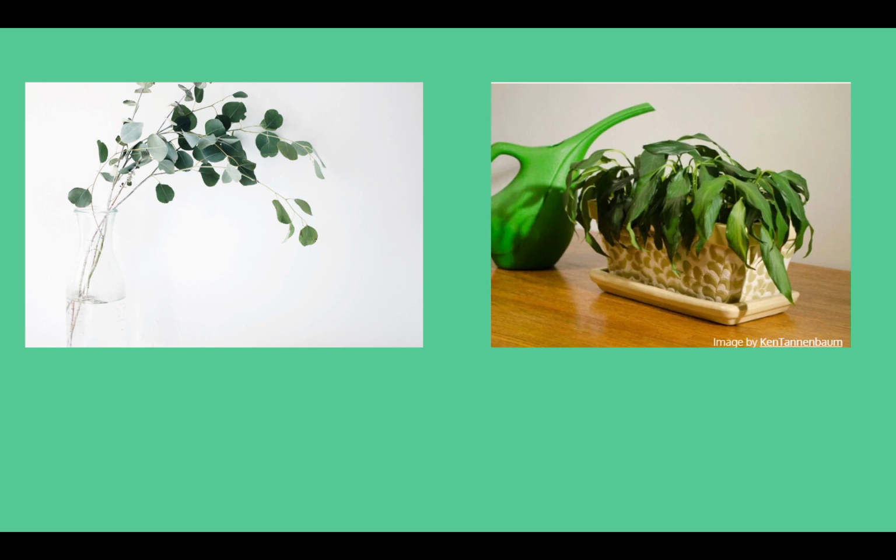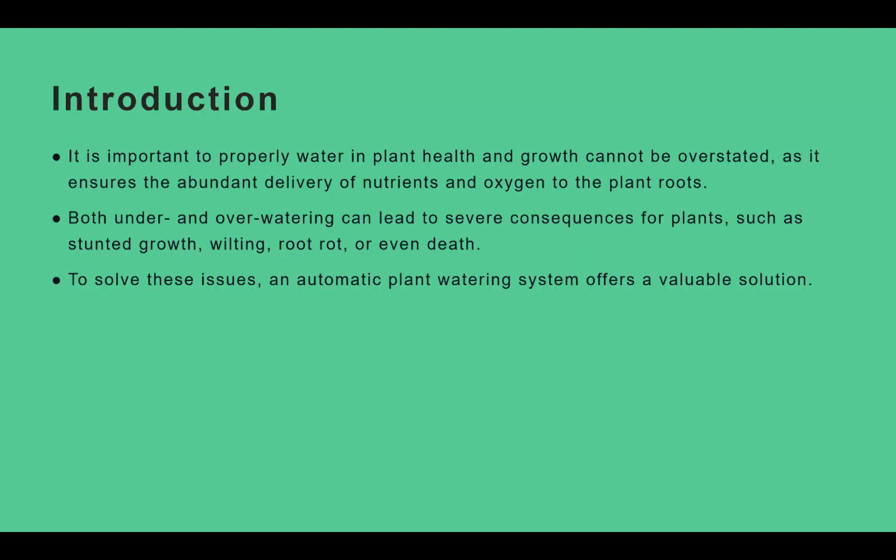So it's quite important to water plants properly for health and growth, since it ensures the abundant delivery of nutrition and oxygen to the plant's roots. That's why I want to build this system as my final project.